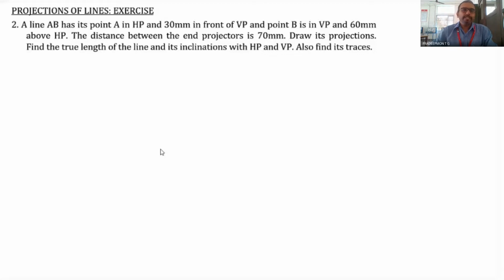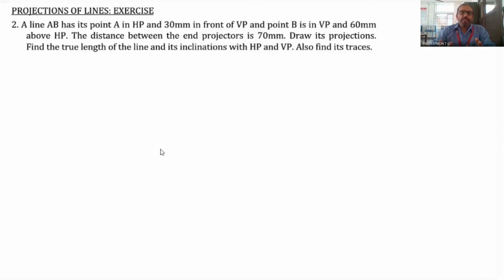So in this case, the line is AB and its point A is in HP and 30 millimeter in front of VP. So the position of this point A is given. Then point B is in VP and 60 millimeter above HP. So the position of B is also given, and the distance between the end projectors is 70 millimeter.